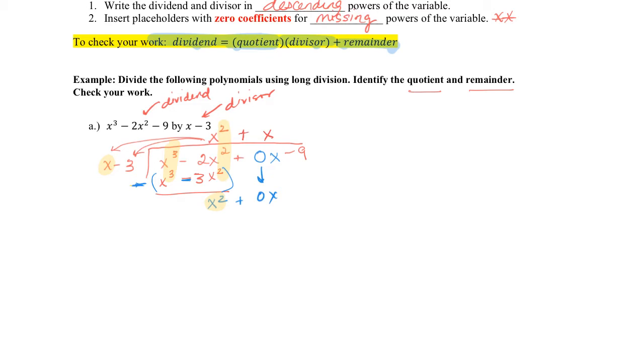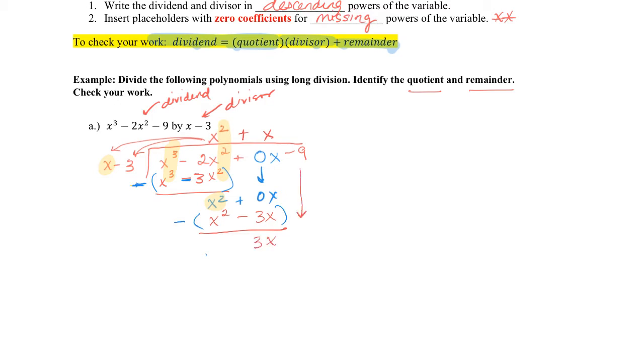Now I'm ready to distribute. x times x is x squared. x times negative 3 is negative 3x. Again, I'm subtracting. x squared minus x squared is 0. Those eliminate, so I know that's correct. 0x minus negative 3x is positive 3x.